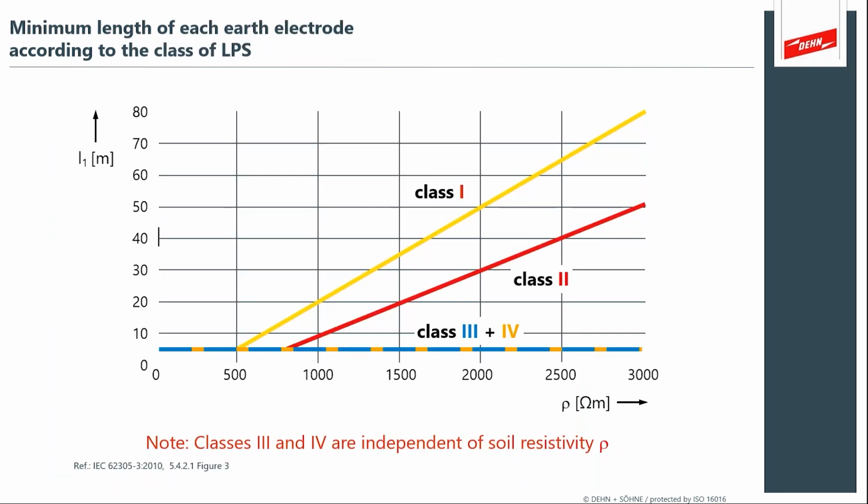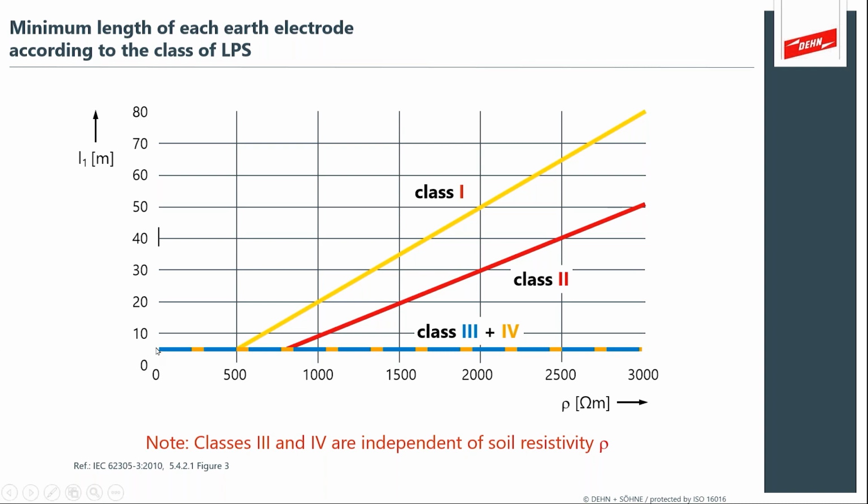This is an interesting slide because it shows you that the earth electrode needs to correlate with the class of lightning protection you intend to apply on your structure. So if you're working within what looks like the class 3 or the class 4 lightning protection methods, you can develop the diameter of your rolling sphere, but you can also calculate how deep and how much contact your earth electrode has to have with the soil.